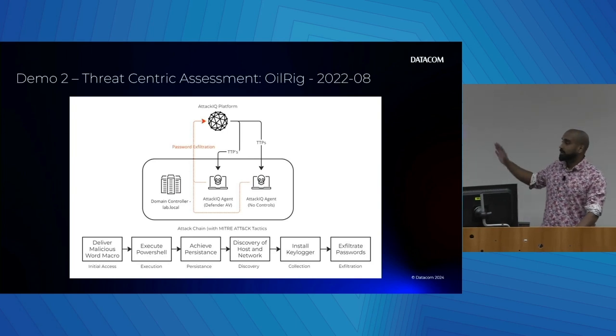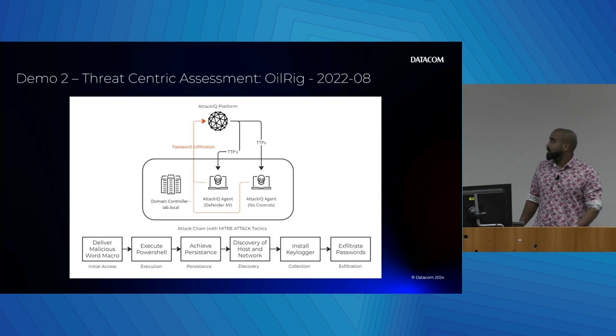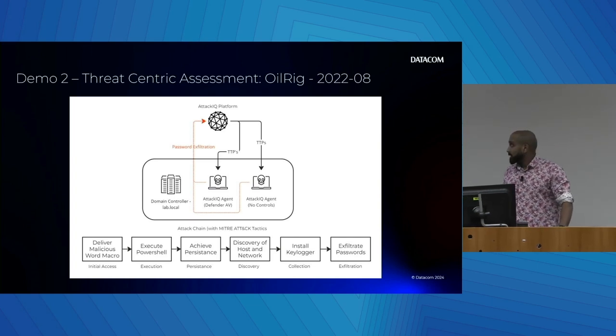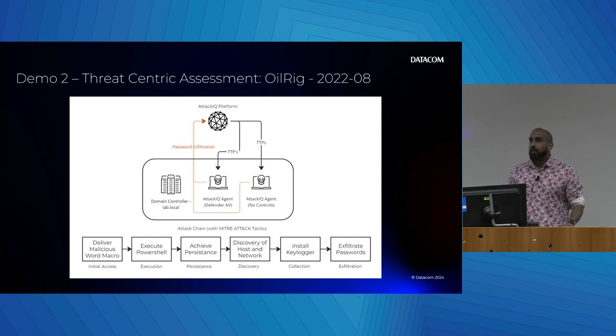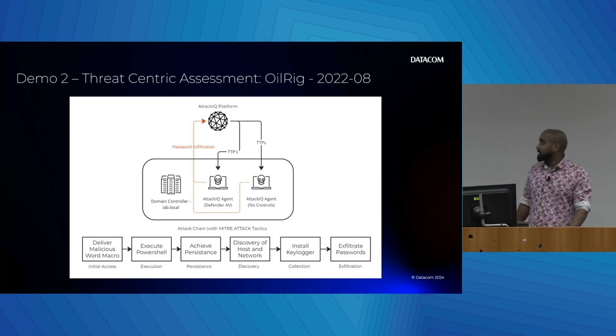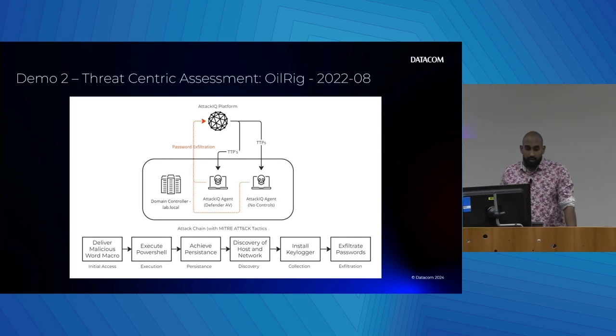Across that attack chain or kill chain, there were things around executing PowerShell scripts, achieving persistence, being able to perform discovery from gaining initial access, and then being able to install a keylogger. How these assessments are put together is aligned to the MITRE ATT&CK framework.